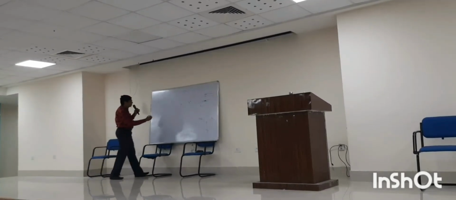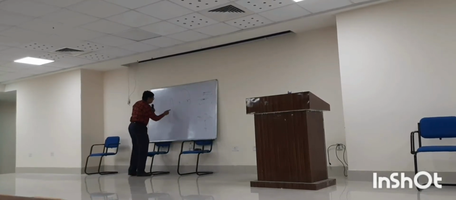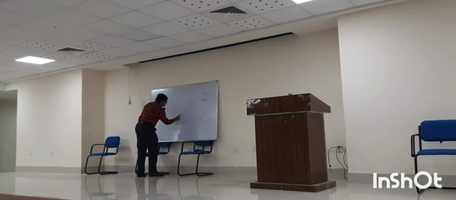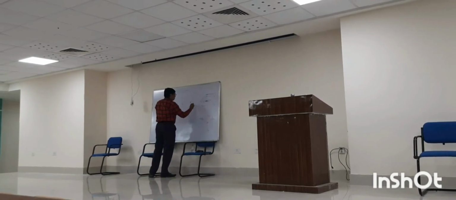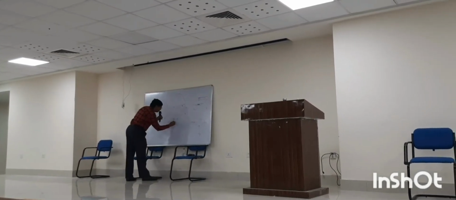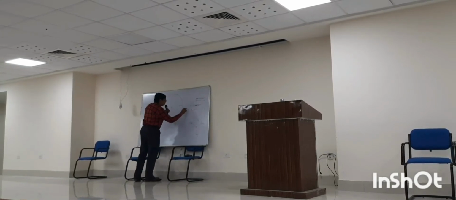Now orientation of the chest leads. This is V1, this is V2, this is V3, this is V4, this is V5, this is V6.